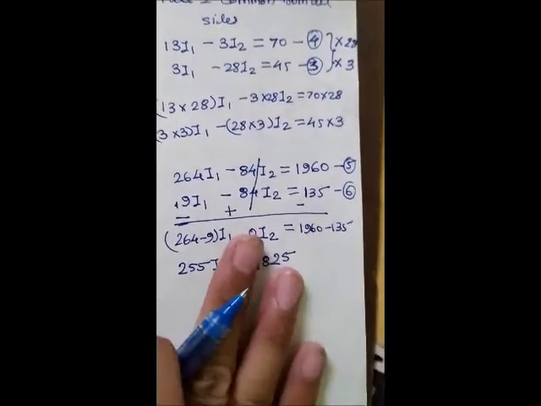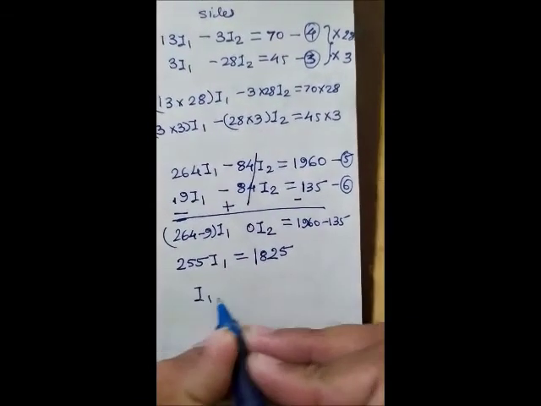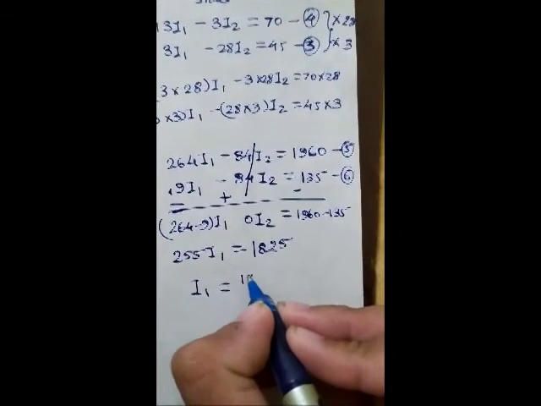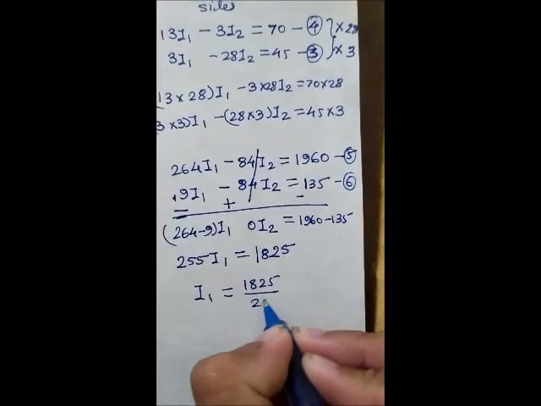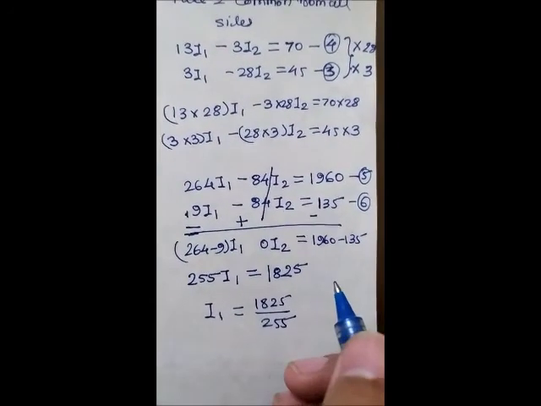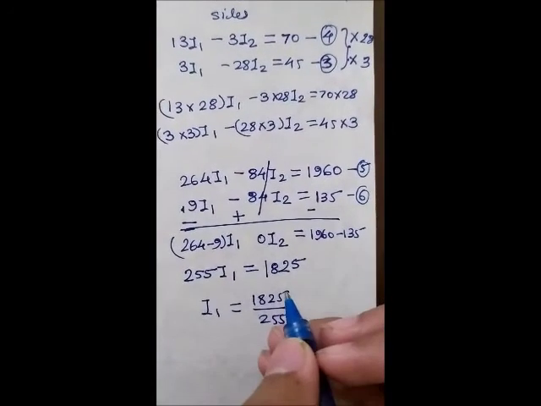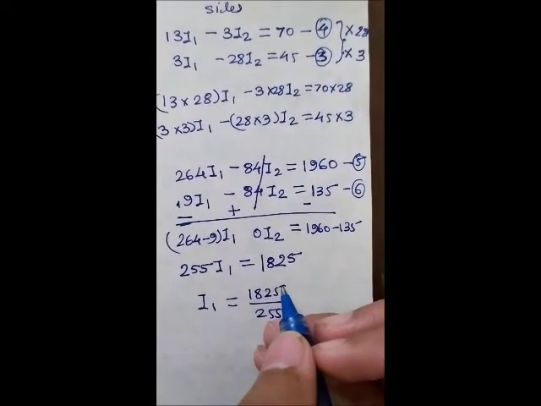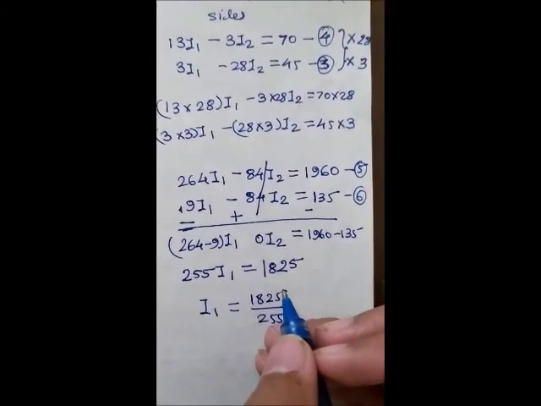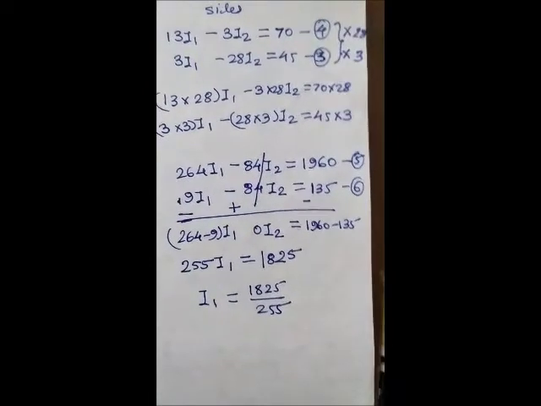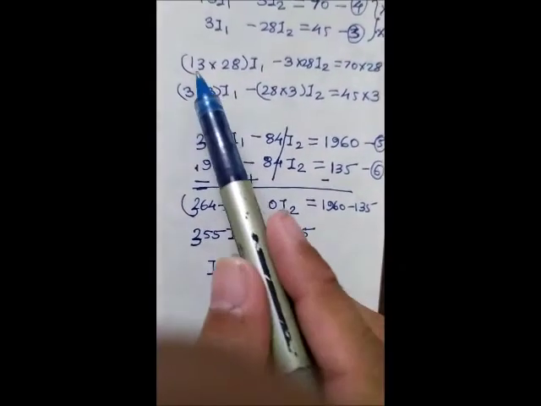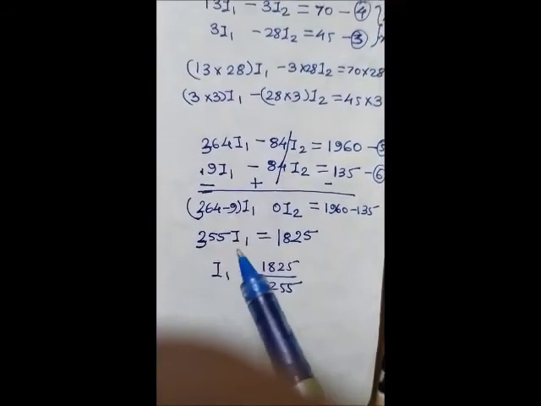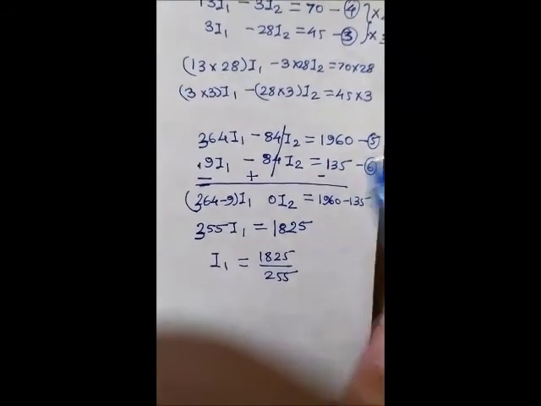Okay, so your I1 is equals to 1825 divided by 255. Okay, you have to solve the division. You will get the answer. Correction: this is not the 264 value, this is 364, and minus 9 gives 355 I1 is equal to 1825.